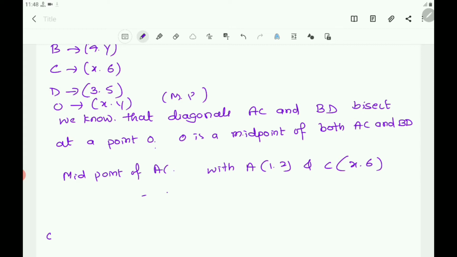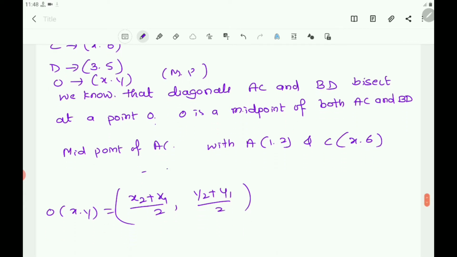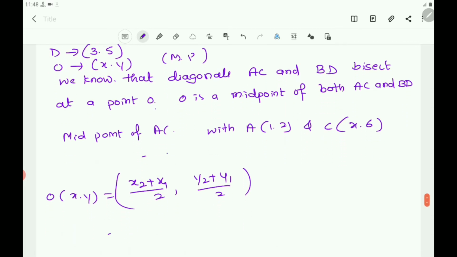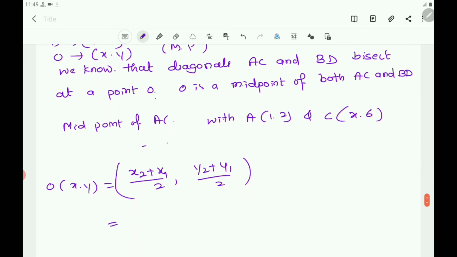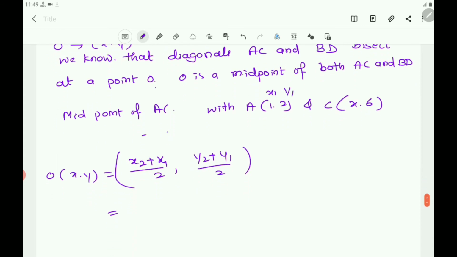Then you write O of (x, y) equals ((x2 plus x1) by 2, (y2 plus y1) by 2). You take this as (x1, y1), (x2, y2). Then x1 and x2 give (x plus 1) by 2, and y2 plus y1 is (6 plus 2) by 2.